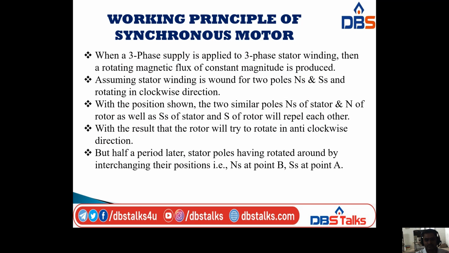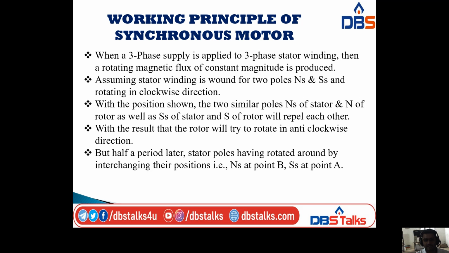With the position shown, the two similar poles, that is N_S of the stator and N of the rotor, as well as S_S of the stator and S of the rotor, will repel each other. The result is that the rotor will try to rotate in the anti-clockwise direction.